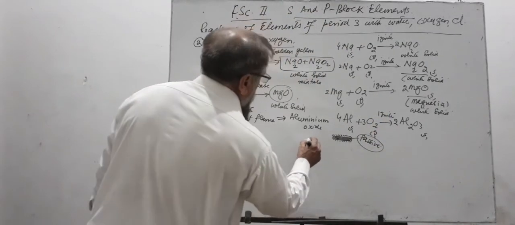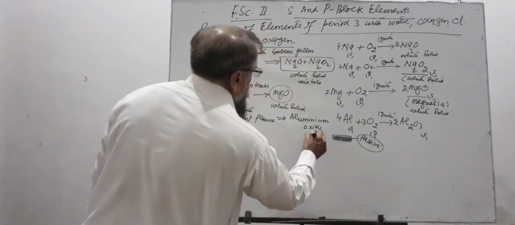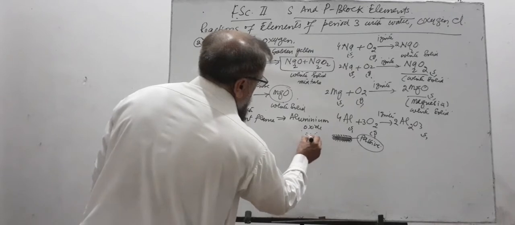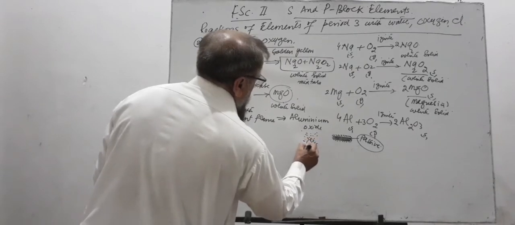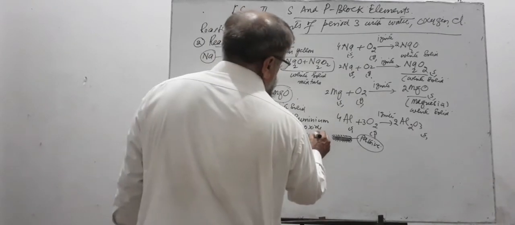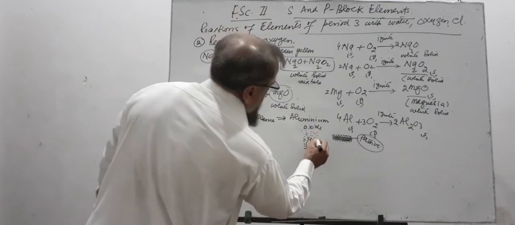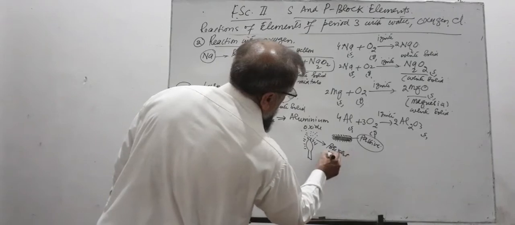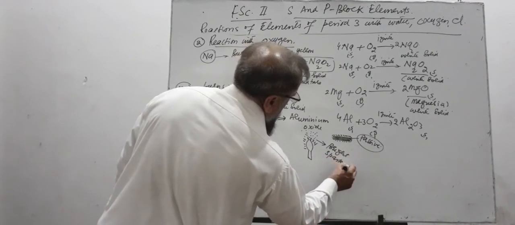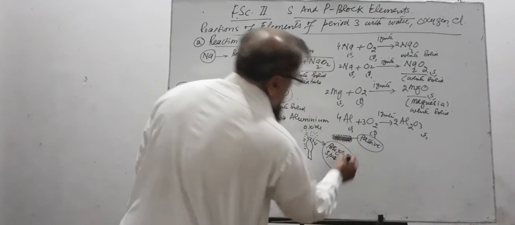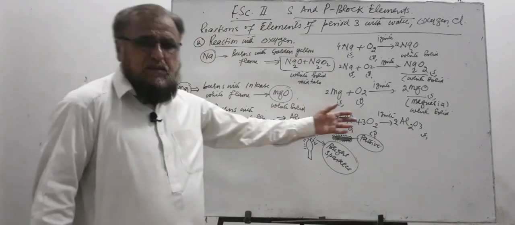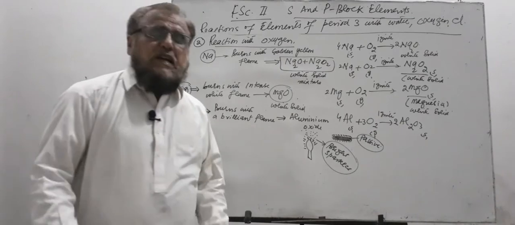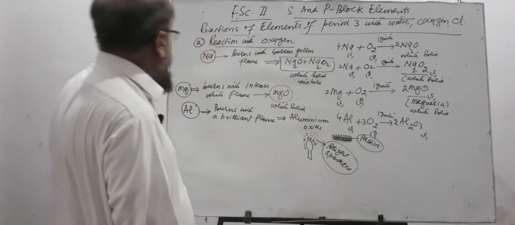However, if aluminium in the form of powder is sprinkled over the flame, it will burn with bright sparkles. Due to vigorous reaction, the same reaction will occur, but in this case the reaction will not stop and it will go on till completion.